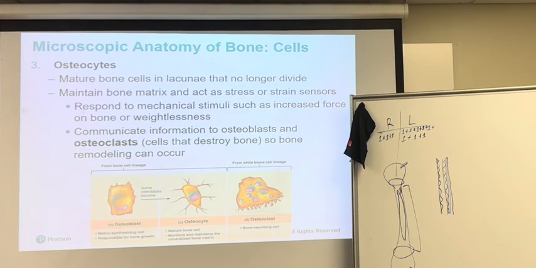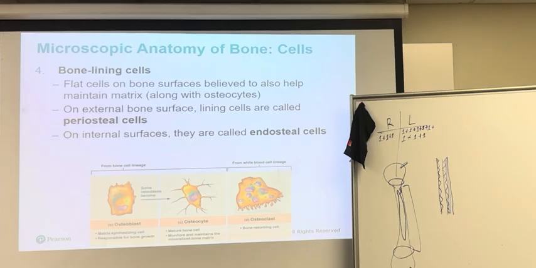So as you can see, you have your osteoblast will turn into what? Osteocyte. But osteoclast look very different because this osteoclast has a different function. We will talk about it.